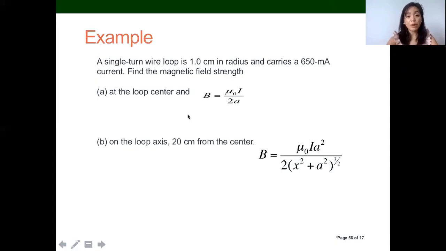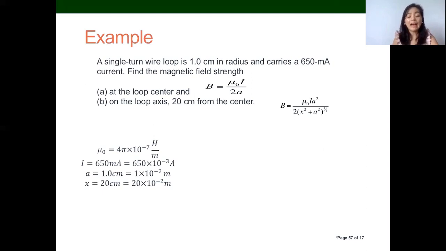So again, this is our problem. We've identified the formulas. The next thing is to identify the given. We have the following. So be extra careful. This is constant. We call this the magnetic permeability of a vacuum. This is our current.